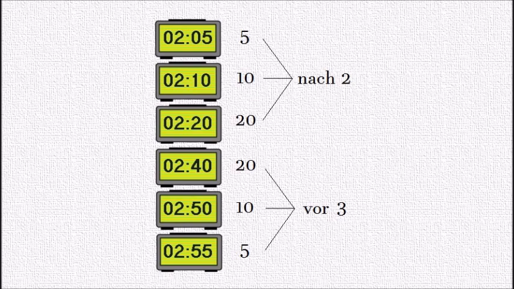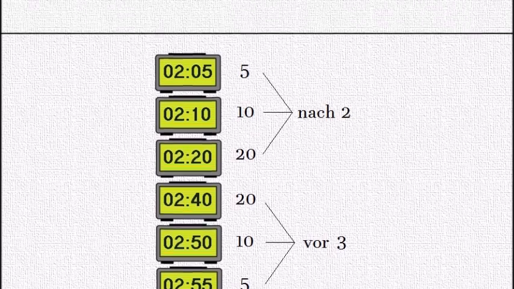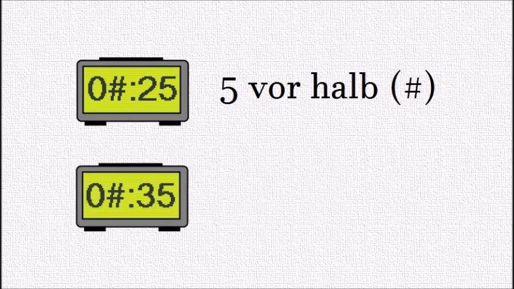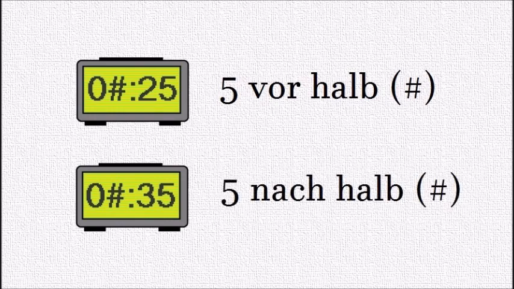And 2:55 can be called fünf vor drei. You can even call 25 minutes fünf vor halb and 35 minutes fünf nach halb. All of these short forms are more or less only used in spoken or colloquial German.